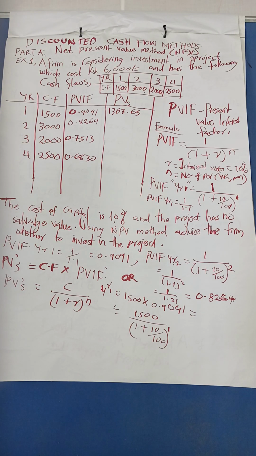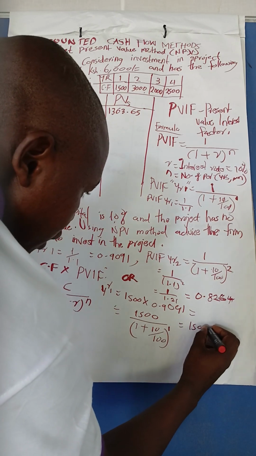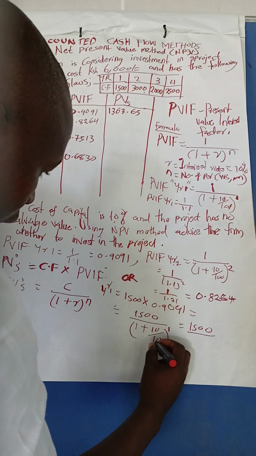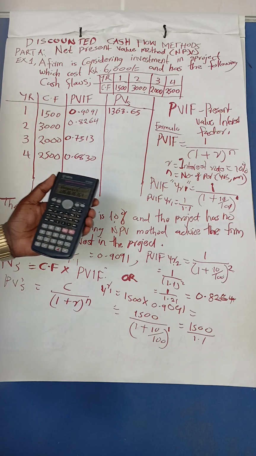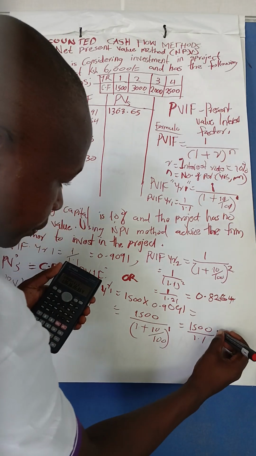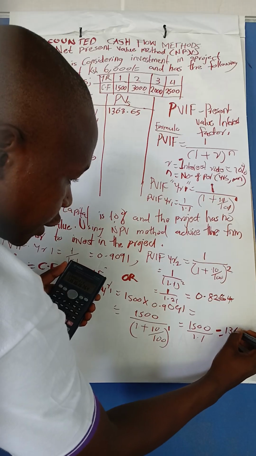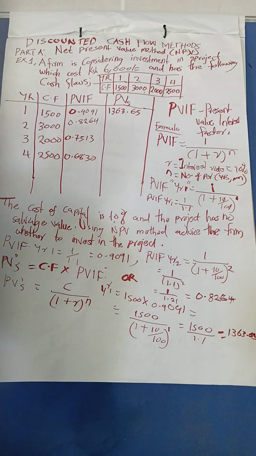Good. Let us do the second one. It will be 1500 divided by 1.1. Let's see if you get 1363. 1500 divided by 1.1. Yes, I have 1363.65.